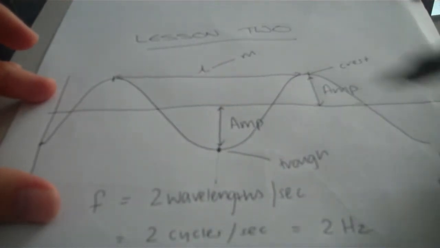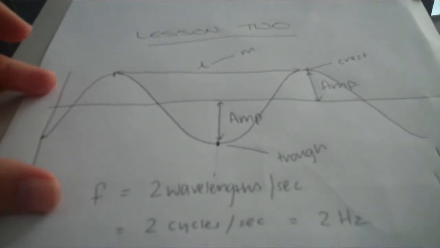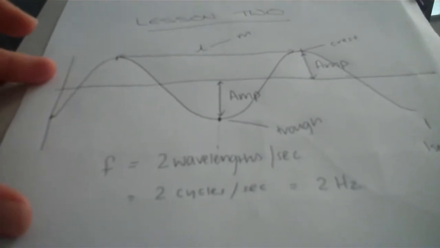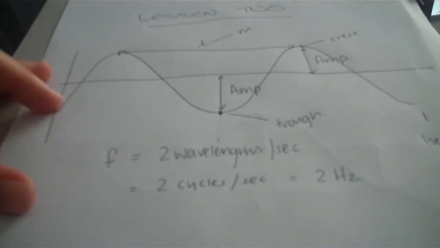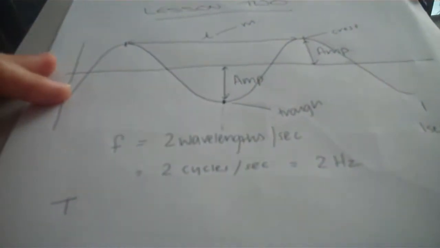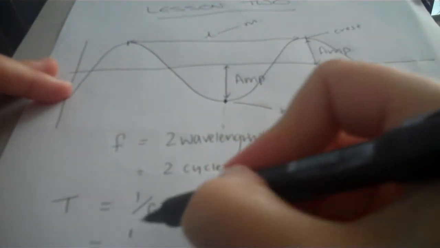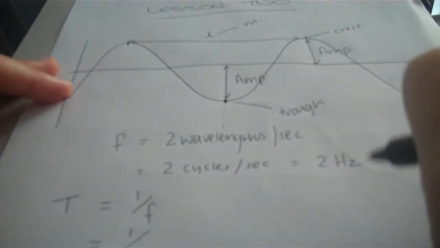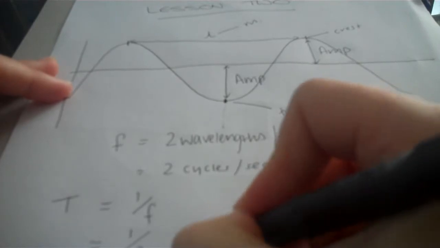It's going to be 0.5 of a second. You can tell straight away. Okay, but the other way to work it out, if it's not quite so obvious, we can do T. That's how we write period. So T, period, equals 1 over f. Okay, so in this case, we go 1 over f, which is 1 over 2. So that is obviously a half. Okay, nice and easy.